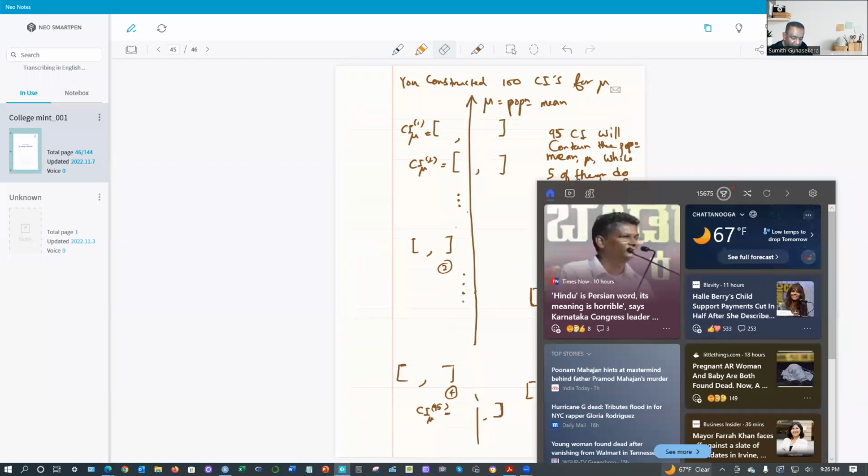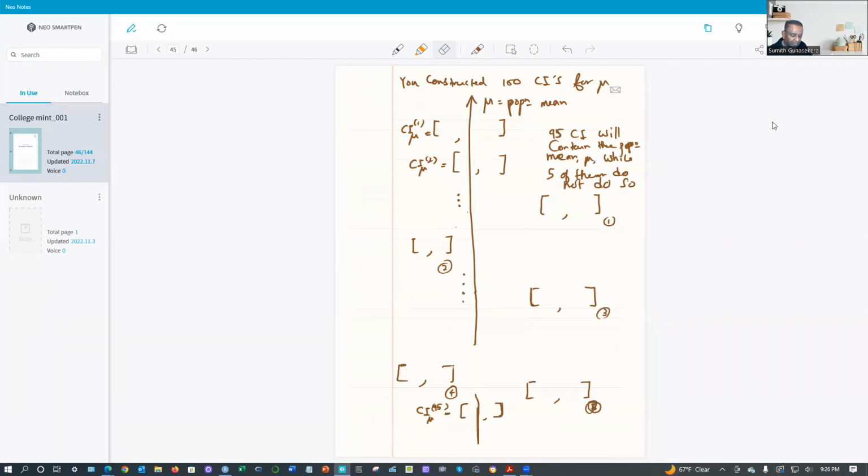Out of 100, 95 will contain the population mean.